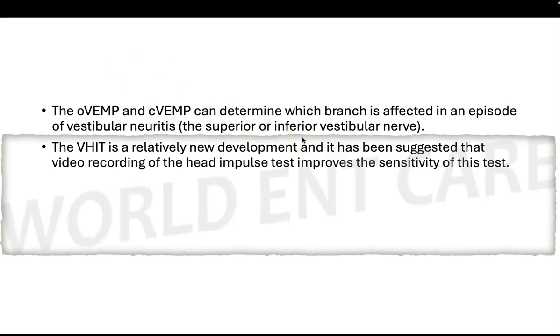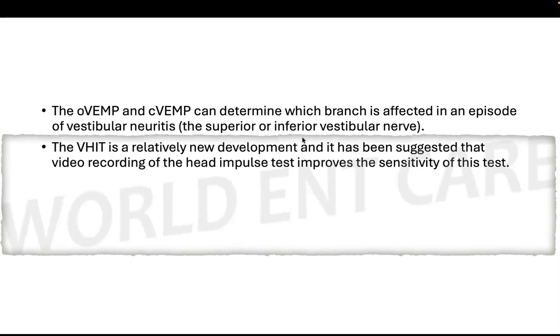Then the video head impulse test. I spoke about the head impulse test, that the head thrust test is positive on the same side as the lesion. Similarly, the video head impulse test is a relatively new development, and it has been suggested that video recording of the head impulse test improves the sensitivity of this test.